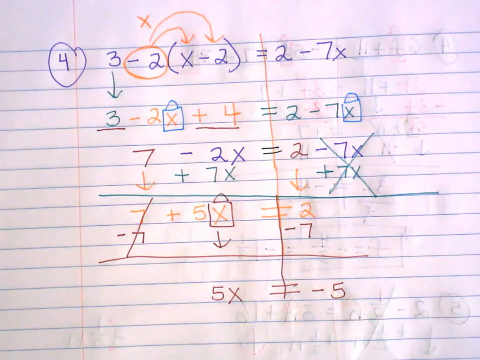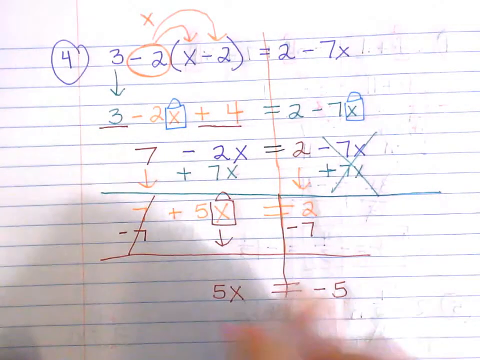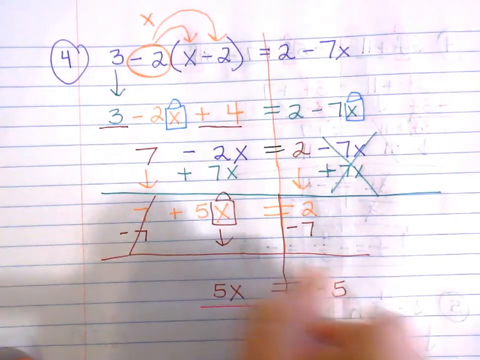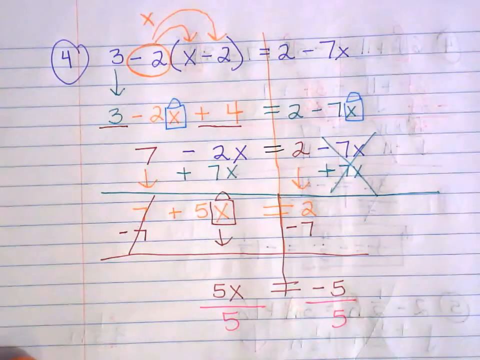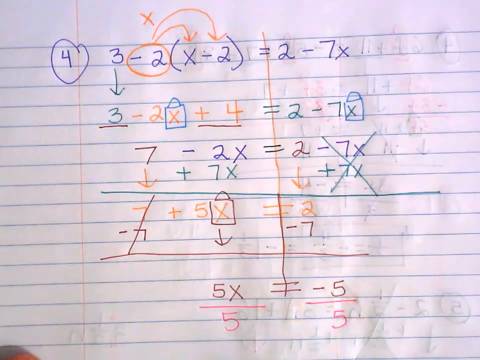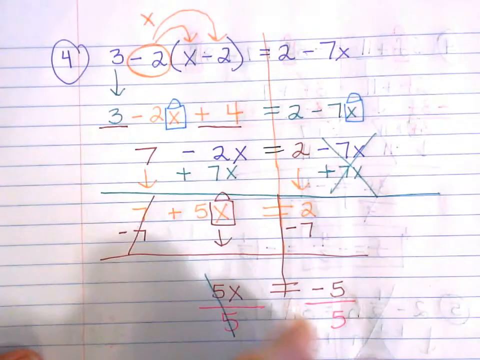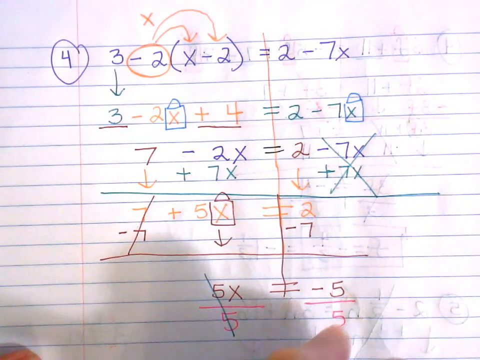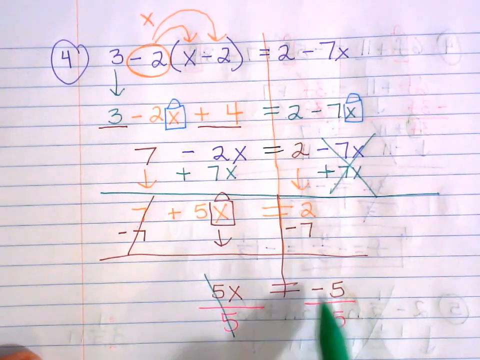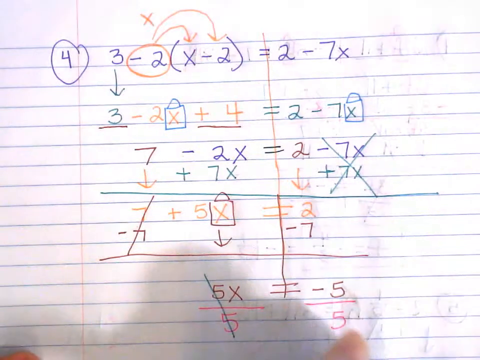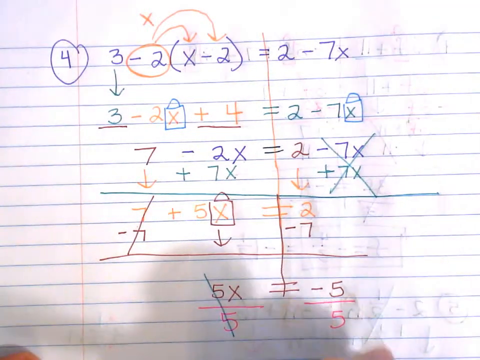So 5 times some number is -5. They're touching, they're married, they're being multiplied, so we divide. Divide both sides by 5. 5 divided by 5 is 1. It just leaves us with 1x. We're lazy, we just write the x. -5 divided by 5. Negative divided by a positive is negative. 5 divided by 5 is 1.